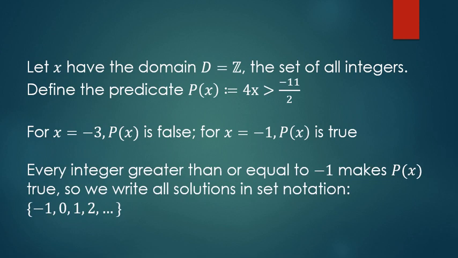And what you'd find is that every integer greater than or equal to negative 1 makes capital P of x true. So we can write all of these solutions inside of a set. So we have an open set bracket, the open squiggly there. And then I chose to write out all of these numbers: negative 1, 0, 1, 2, 3, 4, 5, so on and so forth, and then close it up with a closed set bracket.